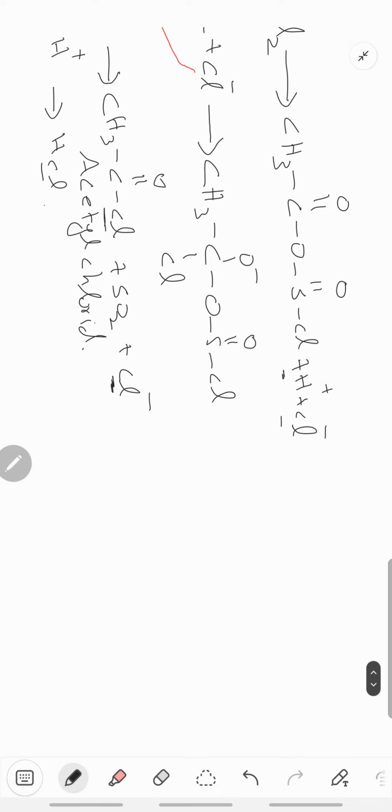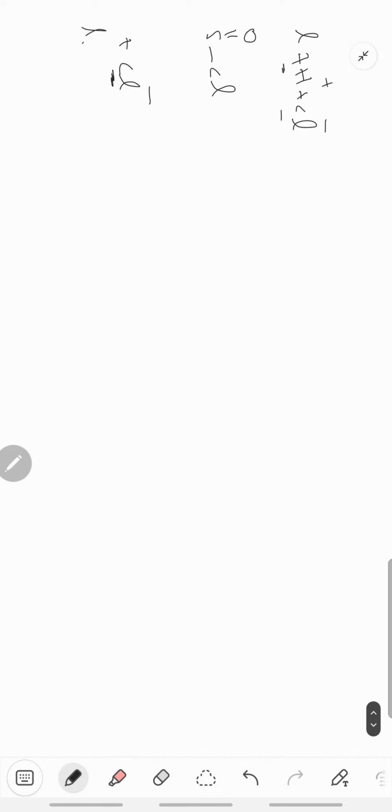So next, the last one is the formation of esters. Carboxylic acid, let's write here the formation of an ester.